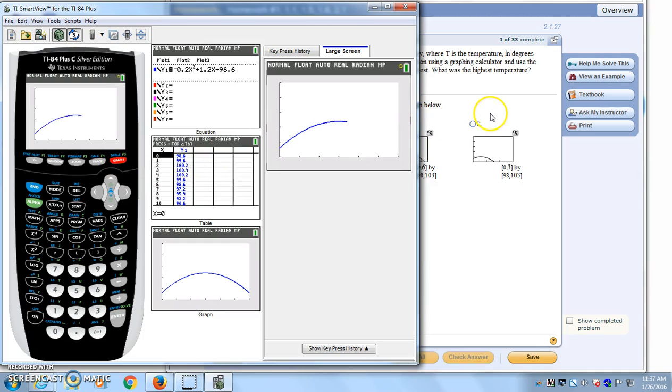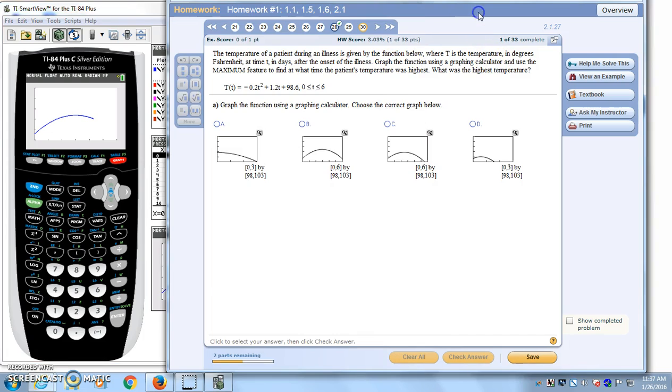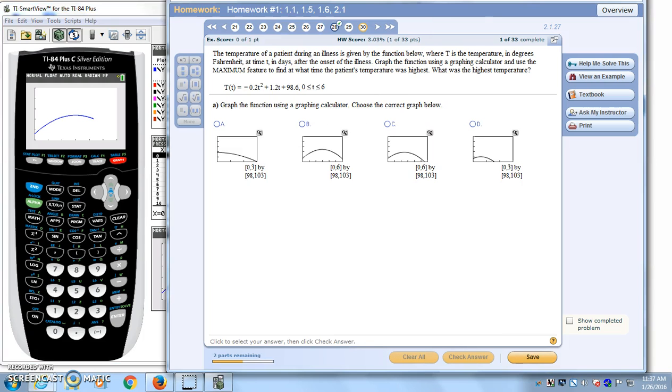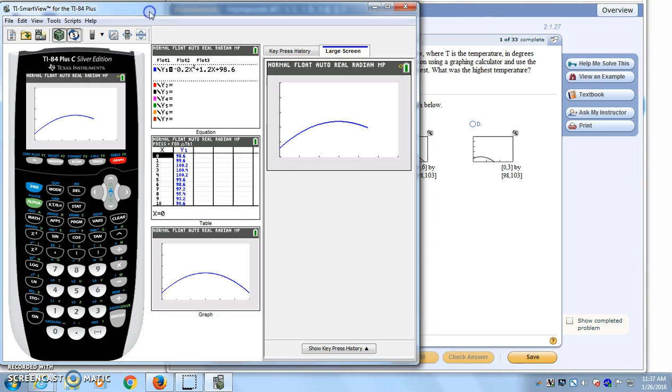And we're going to match that up with a graph over here. And for some reason, let me see, it stopped graphing. I might just have to reload it, sorry.